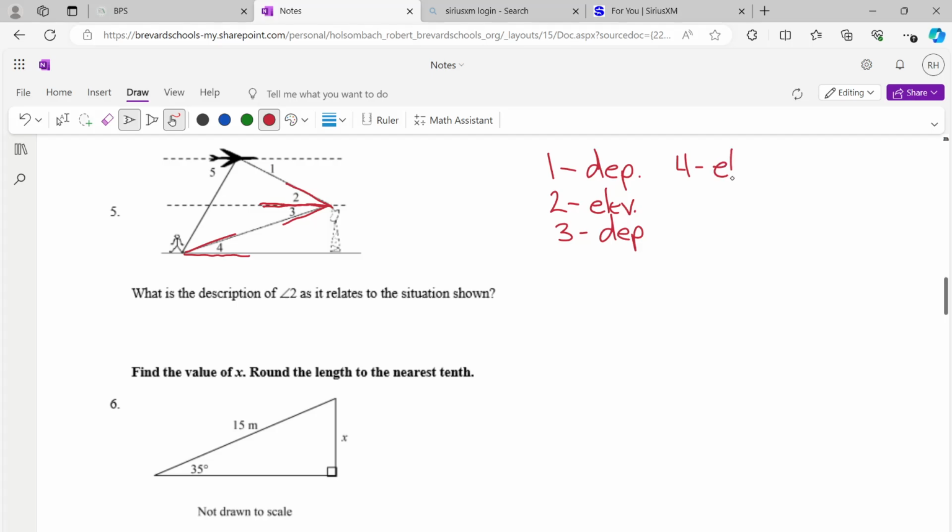So that's elevation. Angle 5 is formed by a horizontal and a line going down. So depression. And that's it, just 5 angles in there. Elevation is formed by a horizontal and then going up. Depression, horizontal and then going down.